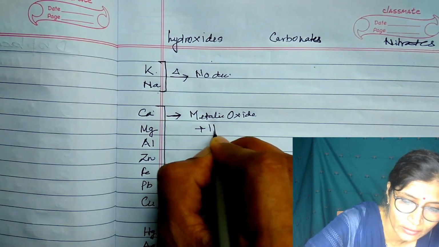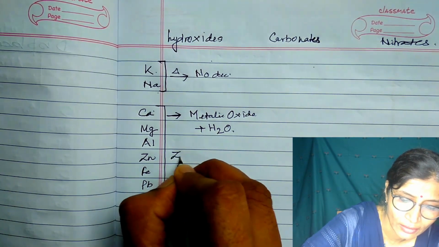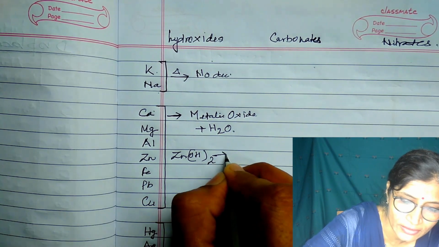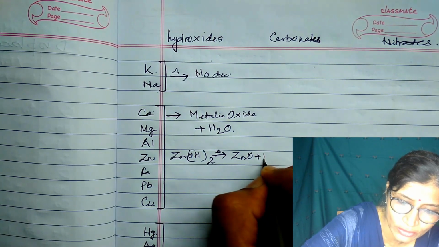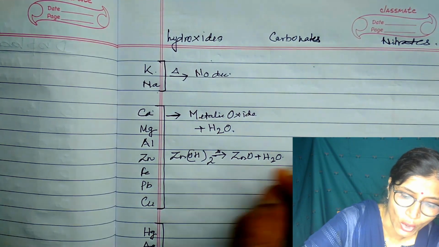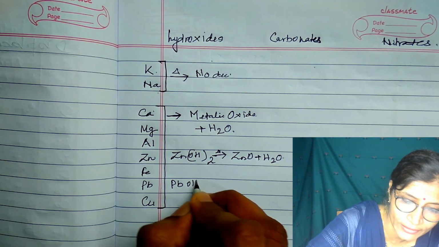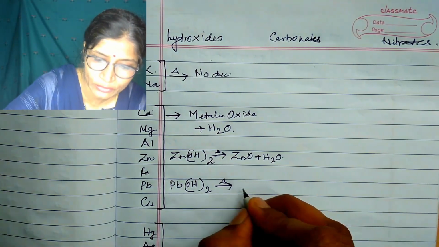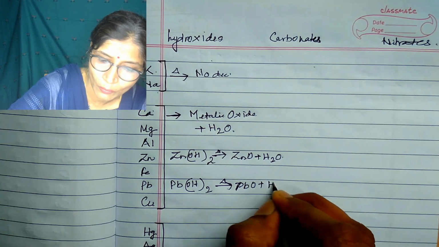plus water. So suppose I am taking zinc hydroxide, then when it is heated, it will decompose and give zinc oxide plus water, H2O. Or if I am taking lead hydroxide, Pb(OH)2, then that will also decompose and give lead oxide plus water.